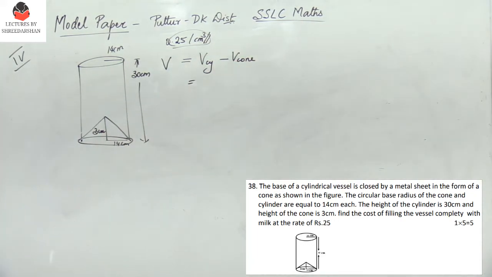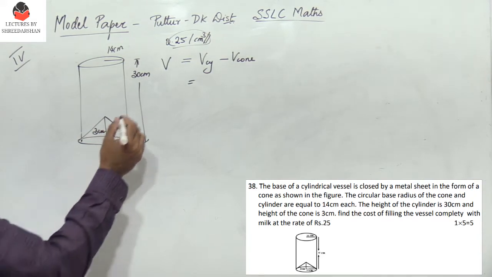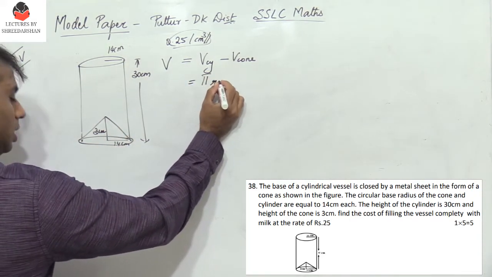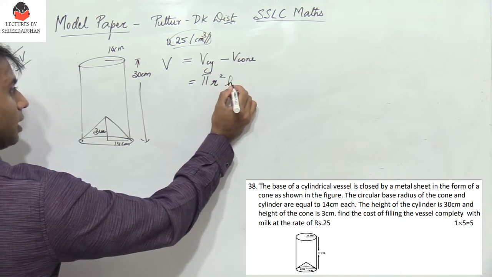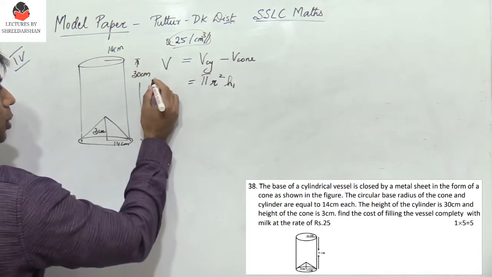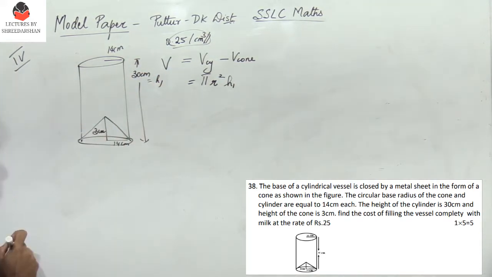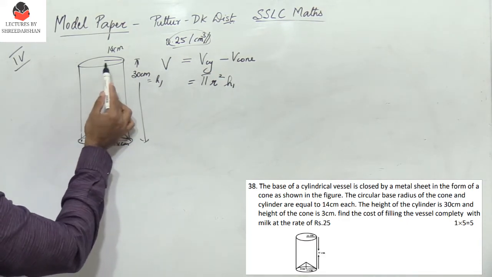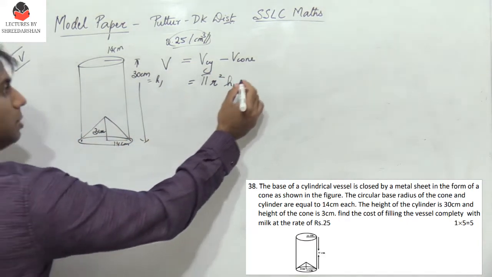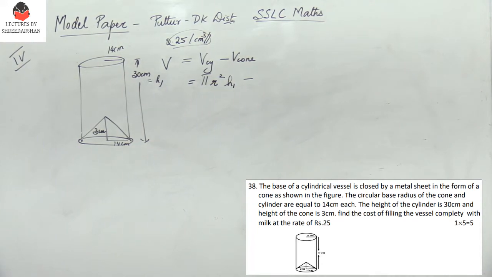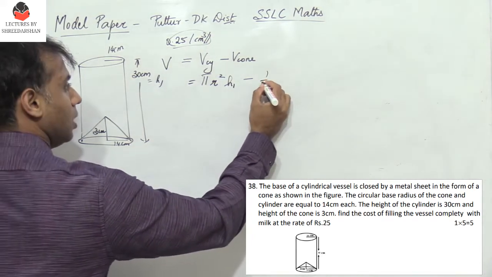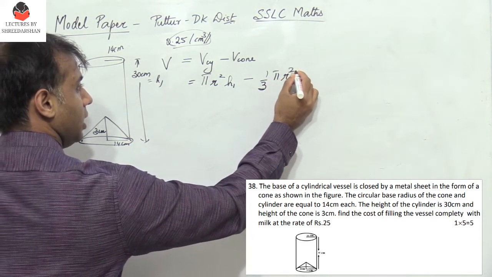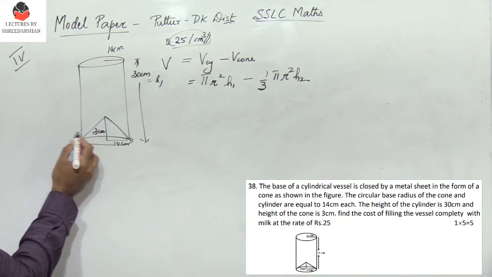Now what is the volume of the cylinder? Volume of cylinder is pi r square h1, where h1 is 30 centimeters. Remember, the radius of the cylinder and the radius of the cone is the same, minus the volume of the cone. It is 1 by 3 pi r square h2. The height of the cone is 3.